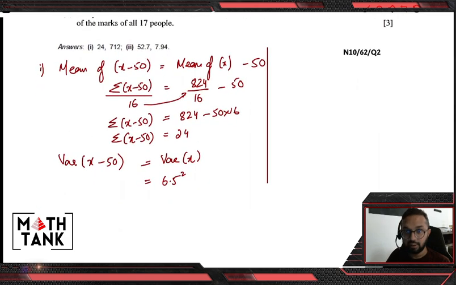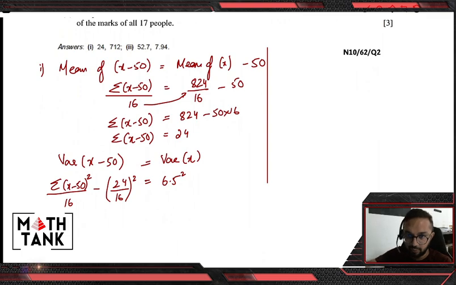Now, if I was calculating the variance for the adjusted values, I would use the sum of the squares of the adjusted values, divide that by 16 since there were 16 people, and I would subtract the square of the mean of the adjusted values, which is basically 24 divided by 16, because 24 is the sum of the adjusted values.